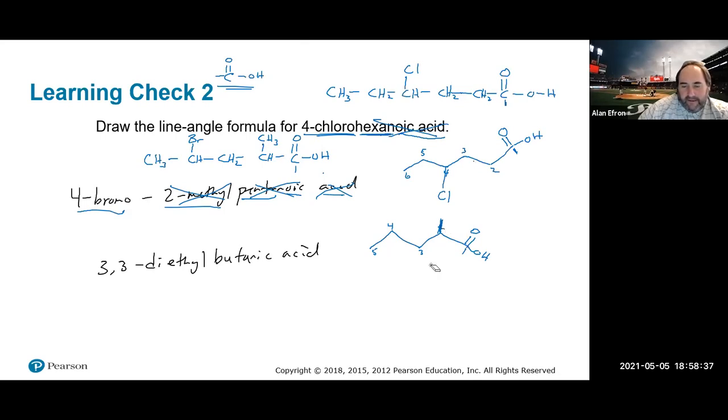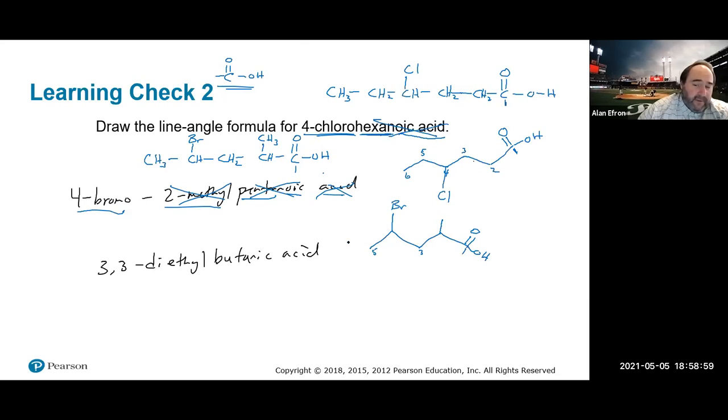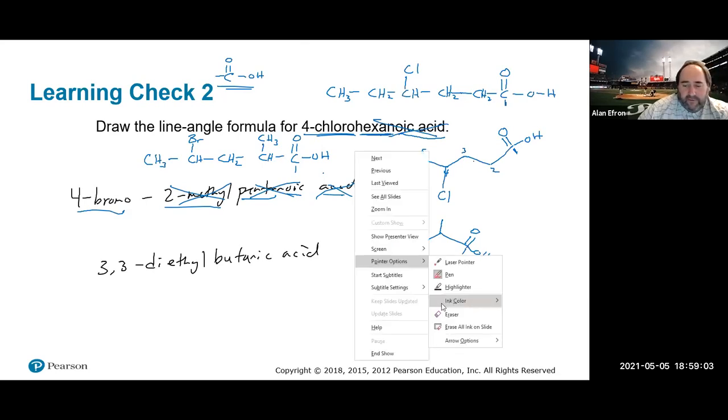Remember, in line structure, it really is just a line, and nothing at the end of it implies a methyl group. At carbon number 4, it's going to be our bromine group. Because it's a bromine group, we do need to write Br at the end, so we know it's not a methyl group. That is our line structure for that one. Any questions on that one?